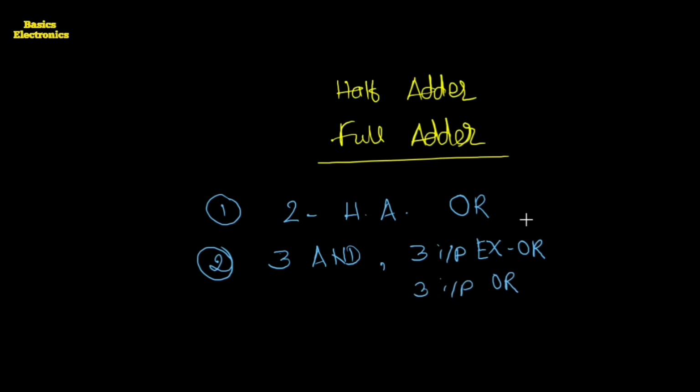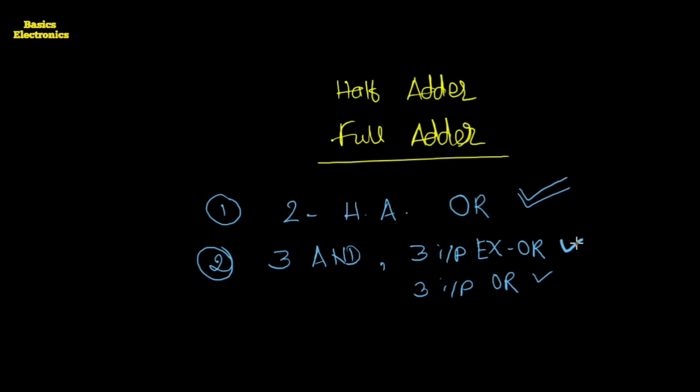Okay, so the first type is by using two half adders and one OR gate. The second type is by using three 2-input AND gates, one 3-input XOR gate and one 3-input OR gate.